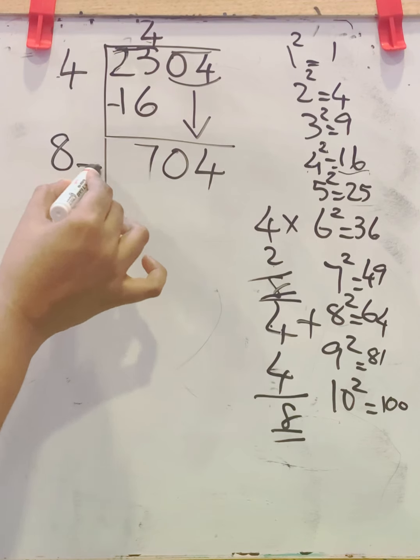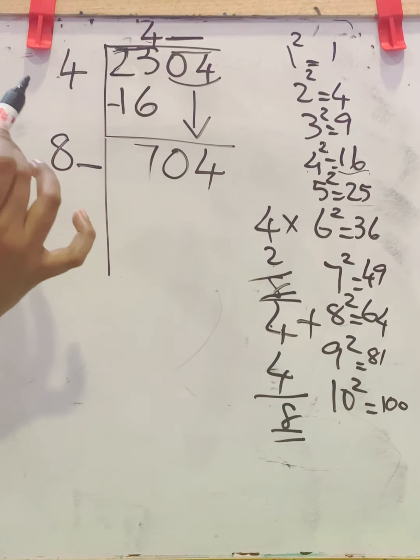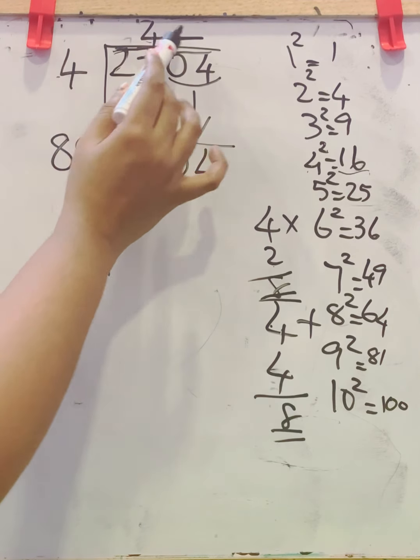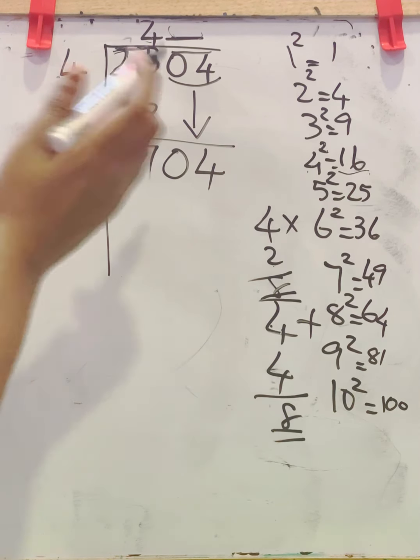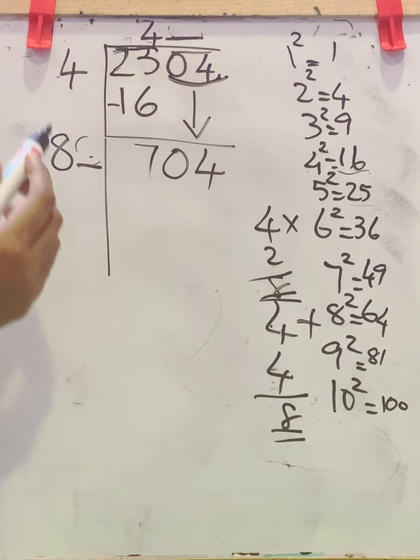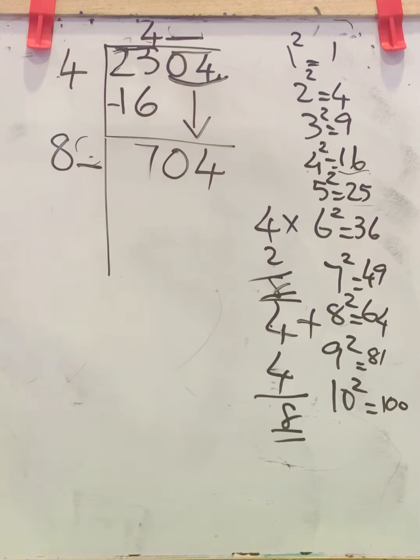Now put a dash here. You will put another dash here. Because whatever number you write here, that number you have to write here also. Both the numbers will be equal. Now you want to check. This is the last digits. So you know this is a perfect square, and what will be the square root of a number ending with 4?